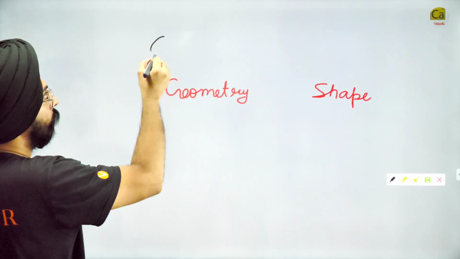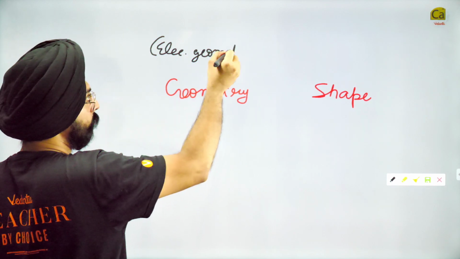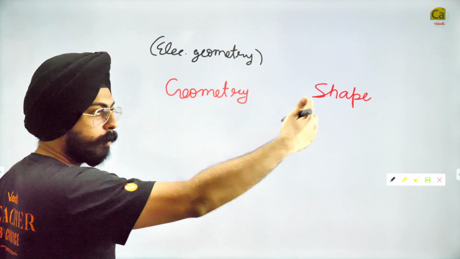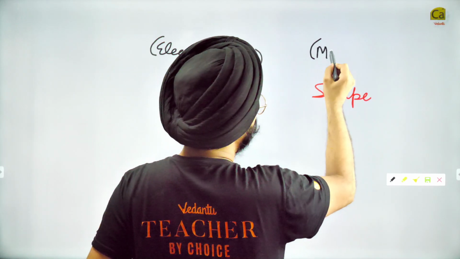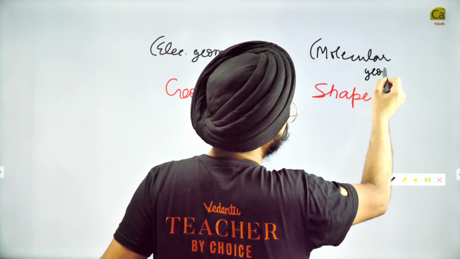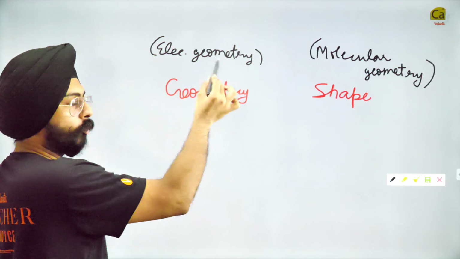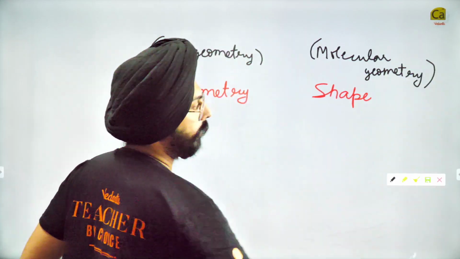Geometry can also be called electronic geometry. This is very important, please listen to me carefully. Shape can also be called molecular geometry. Okay, ठीक है? Electronic geometry, molecular geometry.